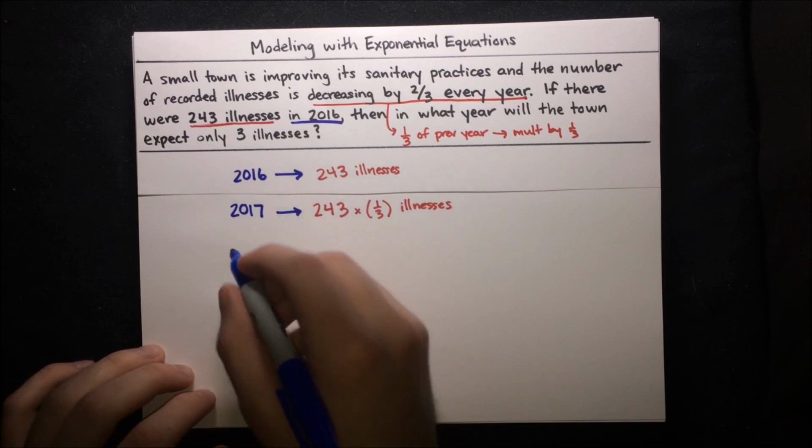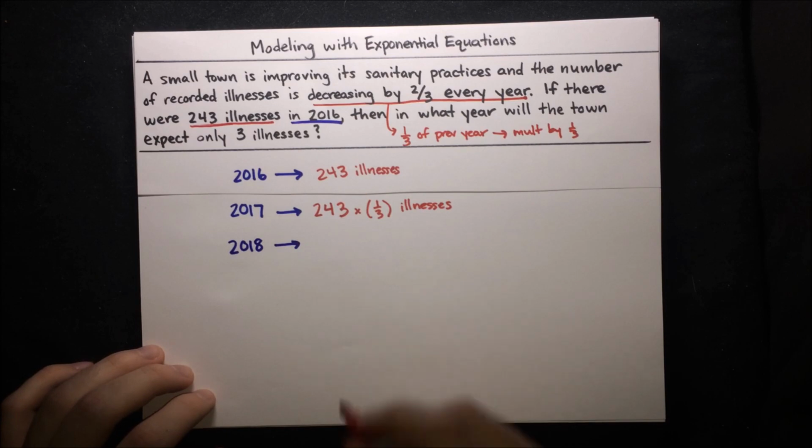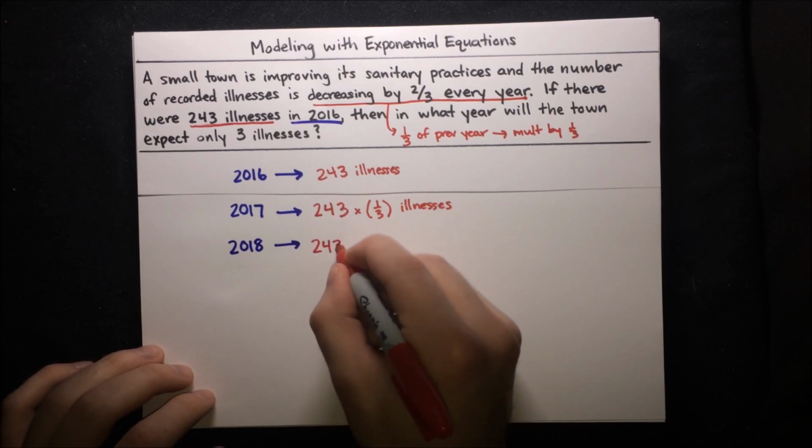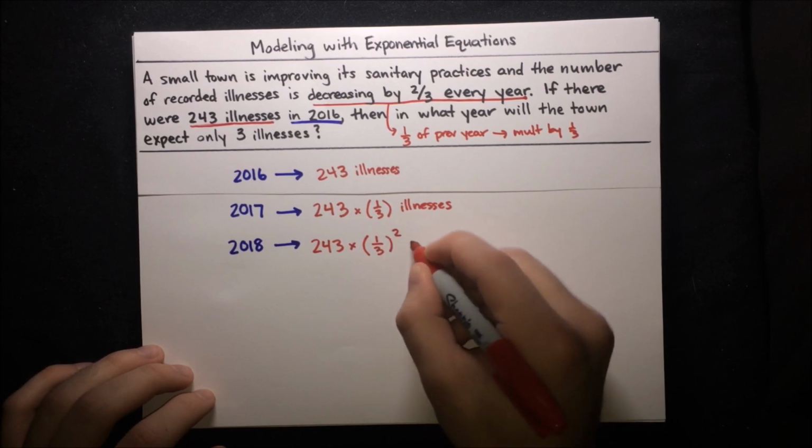Now we see where this is going, so for 2018 we'll just have to multiply by 1/3 again, so that'll be 243 times 1/3 times 1/3, so times 1/3 squared.